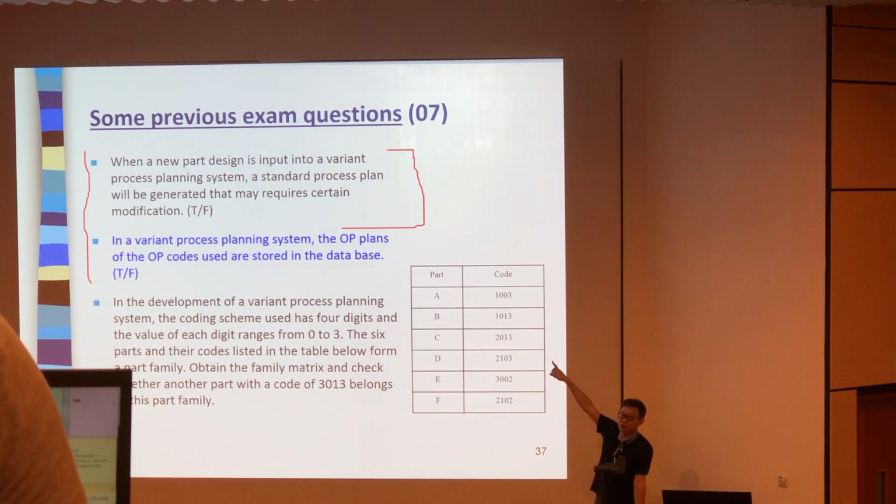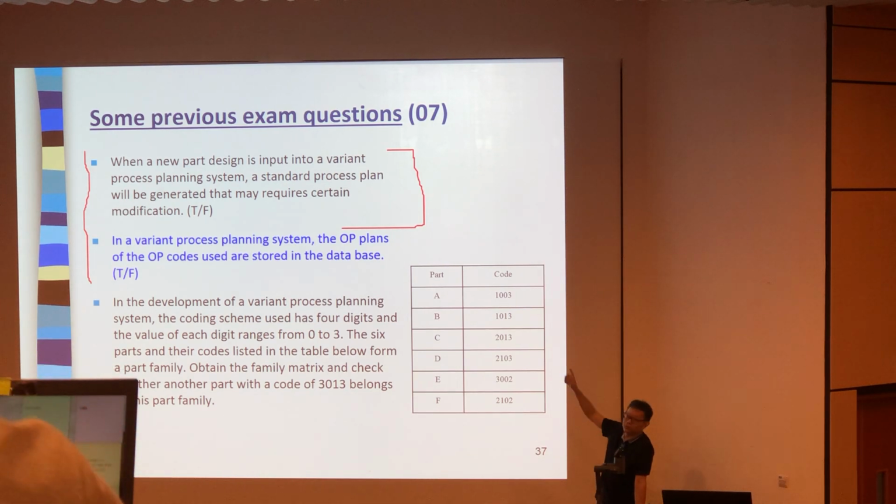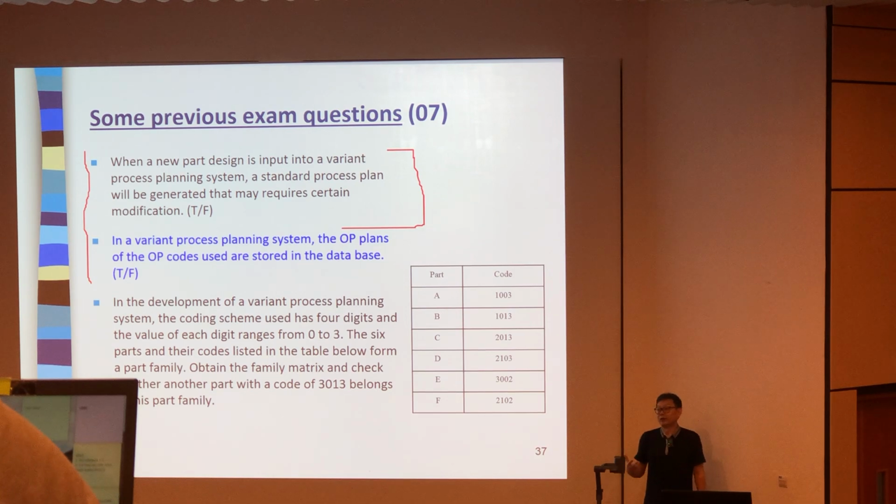Then we will see this situation happen. But there is another scenario. If the new part is so new that you couldn't match it to an existing part family, then you wouldn't be able to retrieve any standard plan. So it's false. That would be an exception, but it happens.